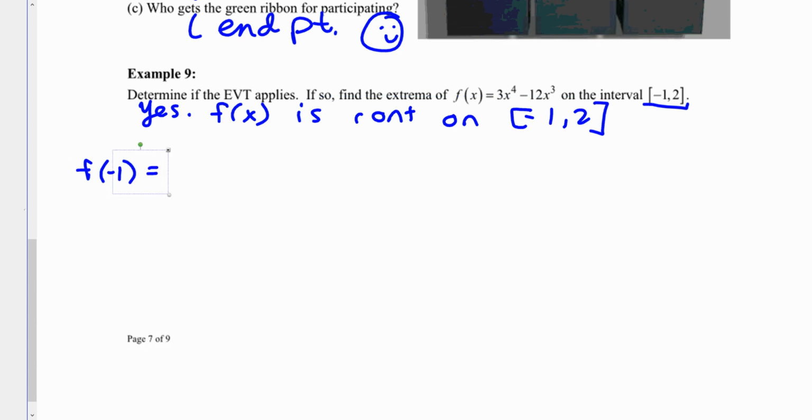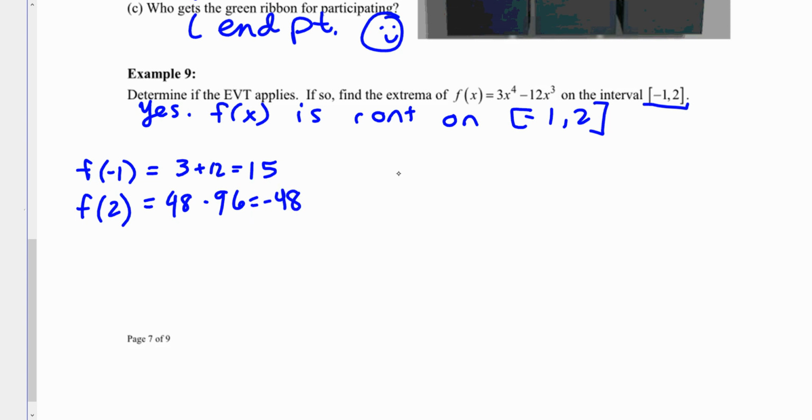We get f of -1: -1 to the 4th is just +1, times 3 is 3, and -1 to the 3rd is negative, times -12, that's going to be plus 12, so 15. Now f of 2: 2 to the 4th gives us 16 times 3 is 48, and then we have 2 cubed is 8, so negative 12 times 8 would be -96. Add those together and we get -48.